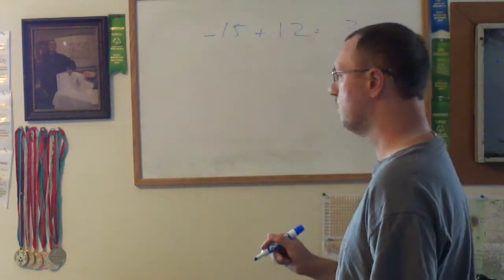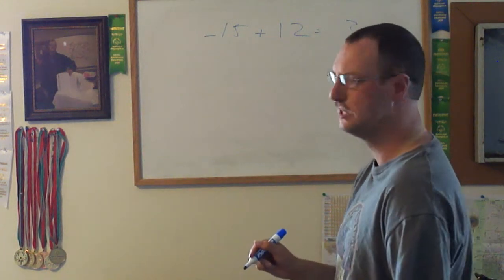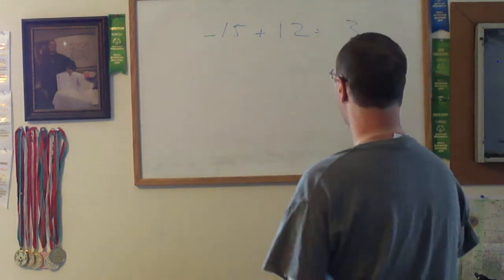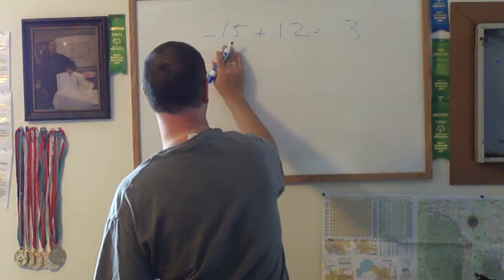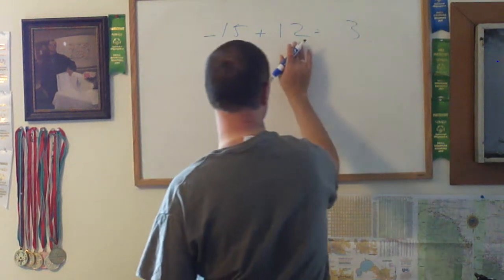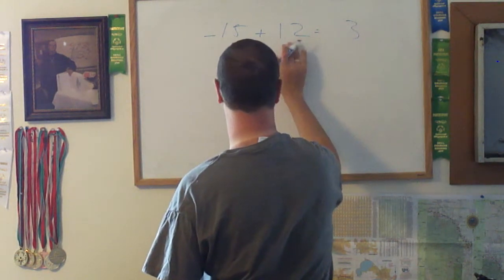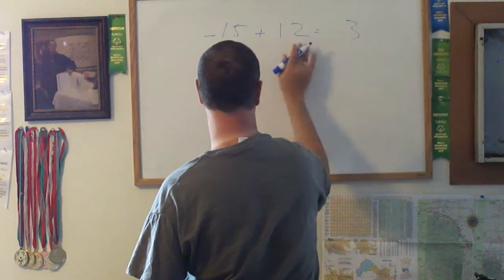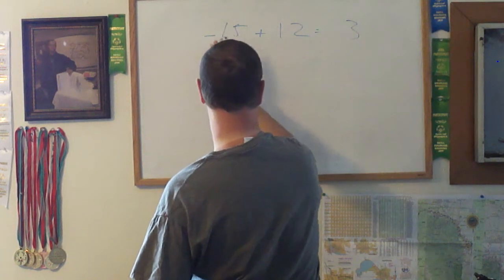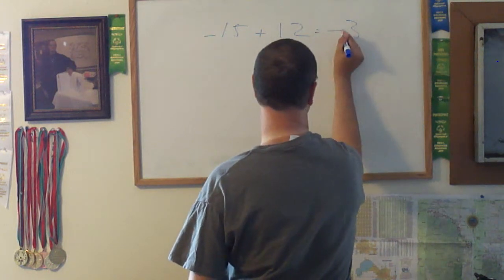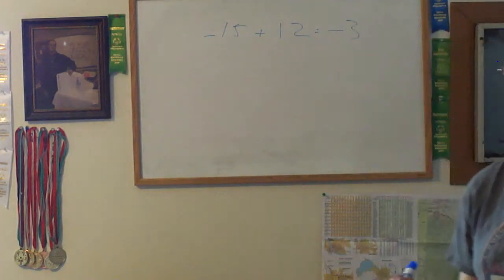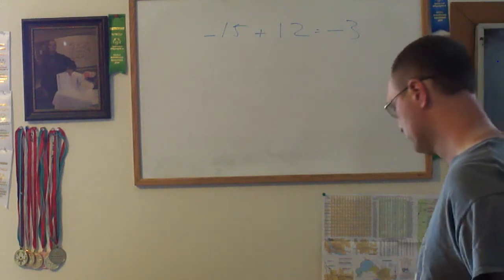But let's decide if it's negative or positive 3. Well, 15 is bigger than 12, and on the number line the negative number is going to be right there. So it's negative 3 for an answer.